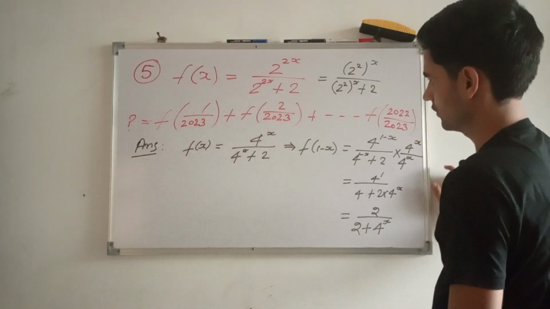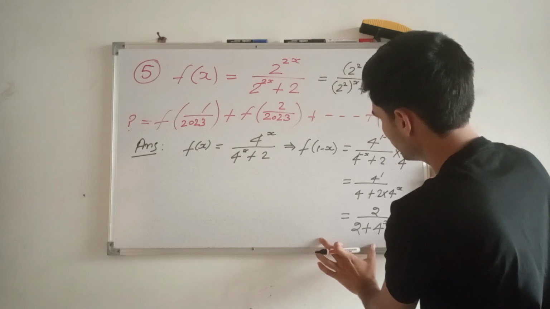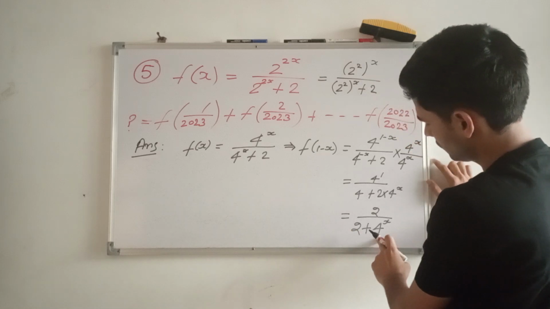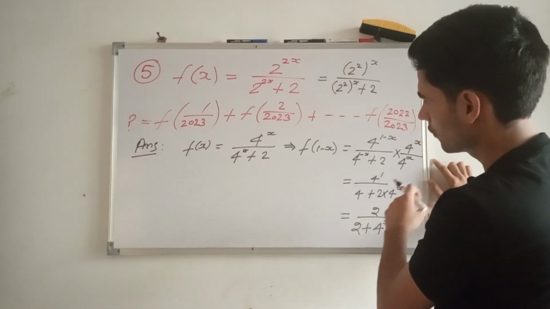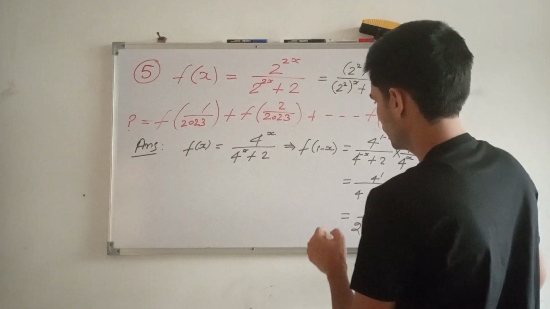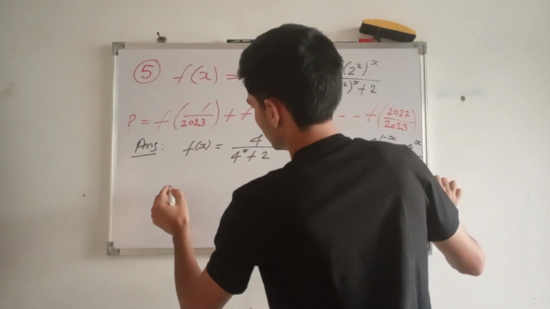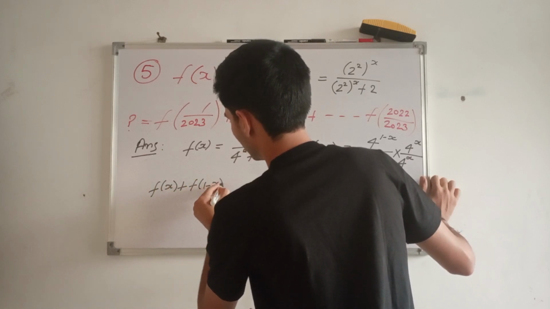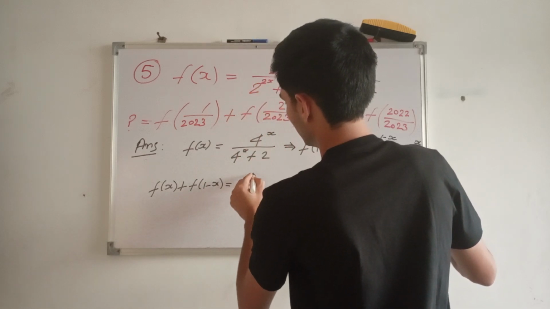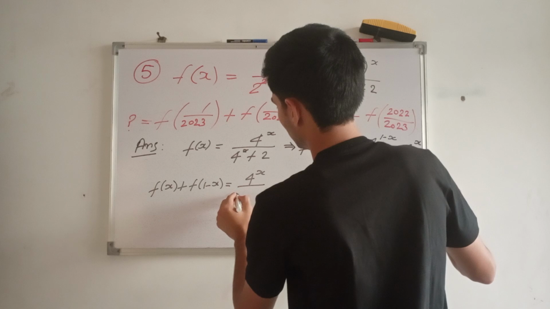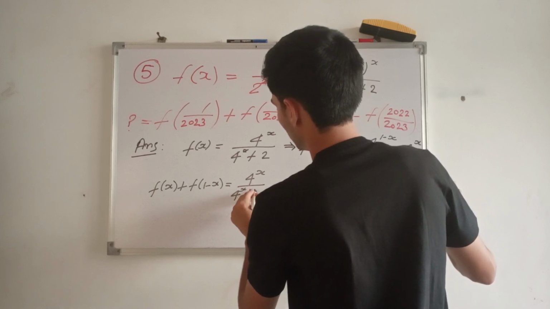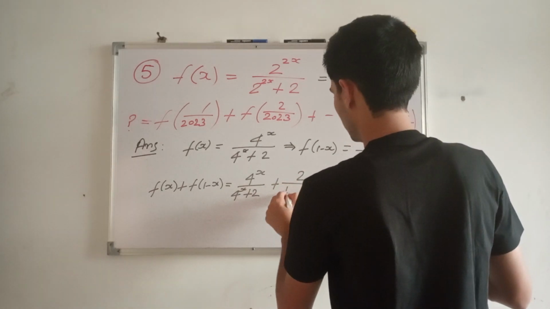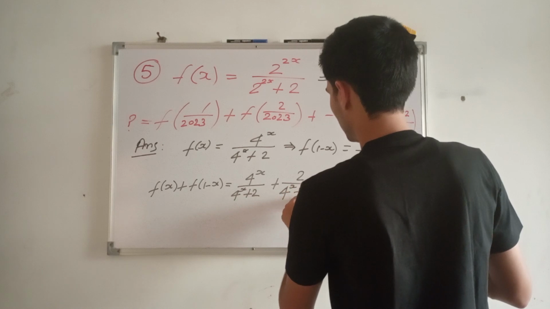Now if you see one thing here, this is f(x), and this is simplified f(1 minus x). In the denominator it is 4 to the power x plus 2, and here also it is 4 to the power x plus 2. Now let us add these two terms. What will we get? f of x plus f of 1 minus x. f(x) is 4 to the power x upon 4 to the power x plus 2. f(1 minus x) is 2 upon 4 to the power x plus 2.